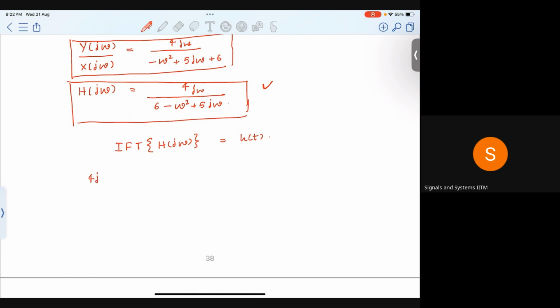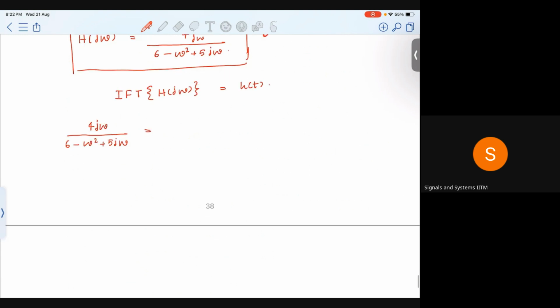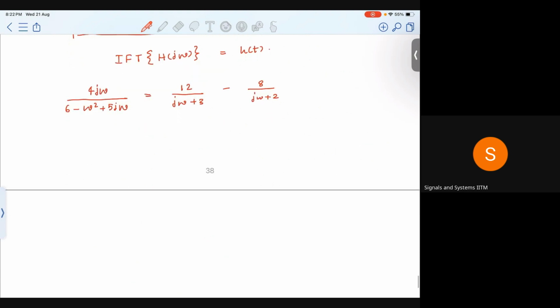This 4j omega divided by (j omega square plus 5j omega plus 6) can be broken into two parts by factorization. So this can be written as 12 by (j omega plus 3) minus 8 by (j omega plus 2).